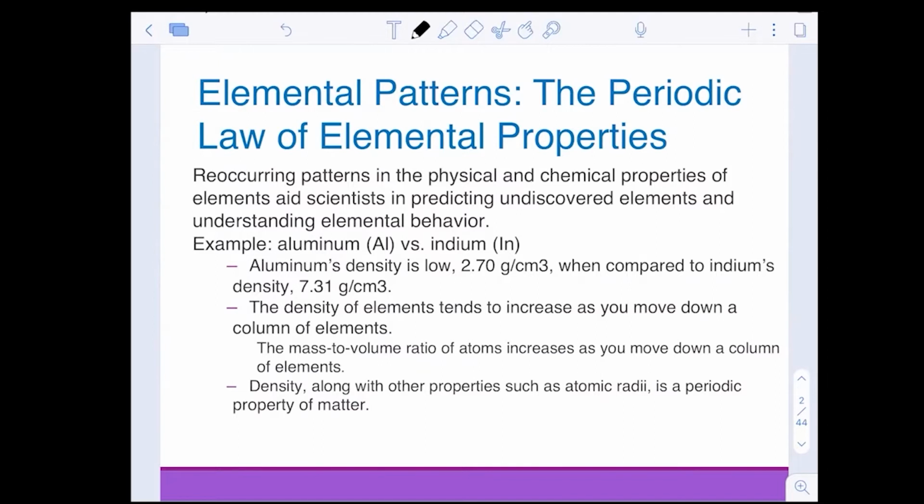What we see is that the density of elements tends to increase as you move down a column. That's primarily due to the mass to volume ratio of the atoms increasing.